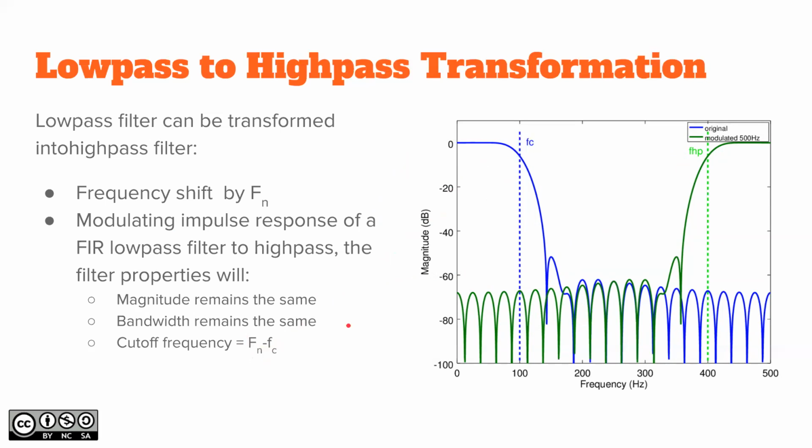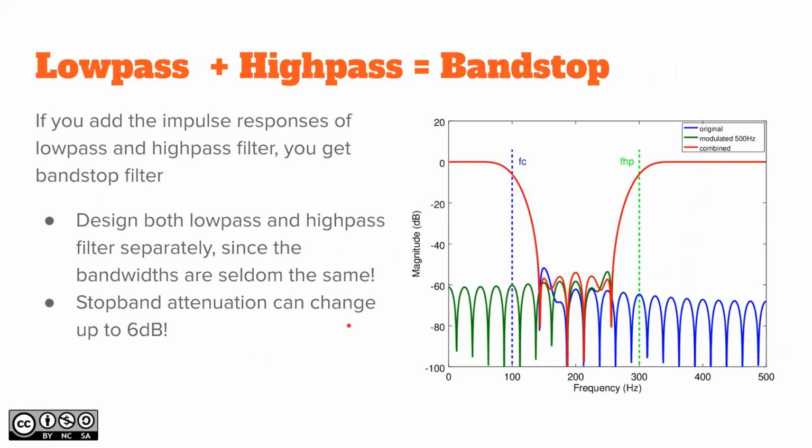Okay, but anyways, low pass to high pass is easy to do. Band pass or band stop filter? Well, if you have the same order FIR filters, you just add the impulse responses together, and you get a band stop filter with some sacrifice on the stop band attenuation, since you are adding the stop band attenuations together also.